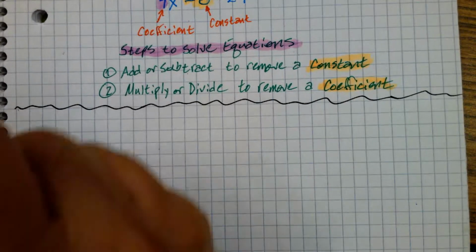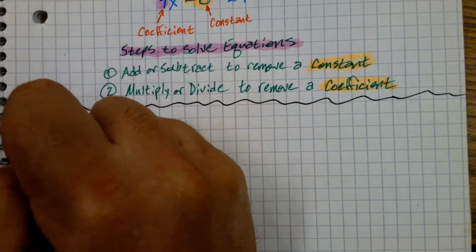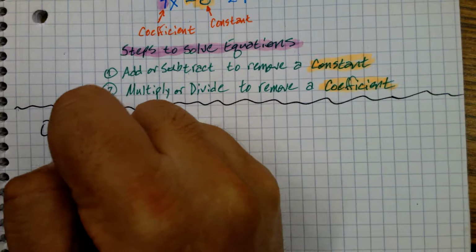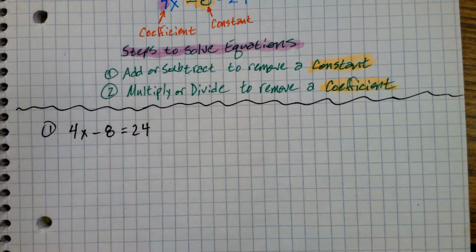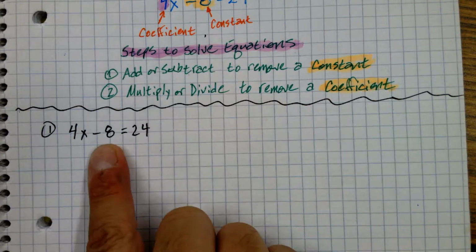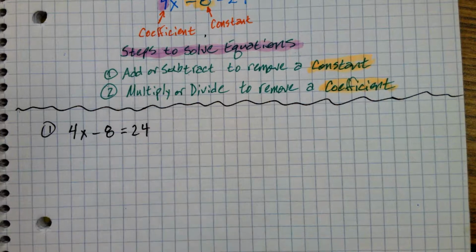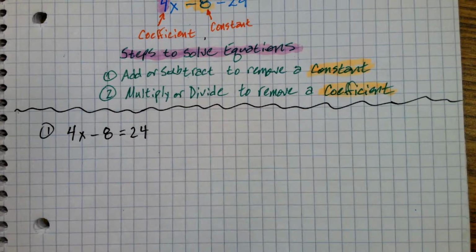Okay, our first equation that we're going to solve is 4x take away 8 equals 24. Not very difficult. Okay, and we already talked about the steps. Our constant is minus 8. So that's the first thing we do. We're going to add to get rid of the constant.